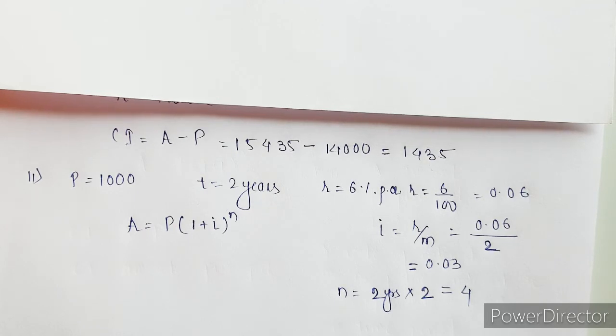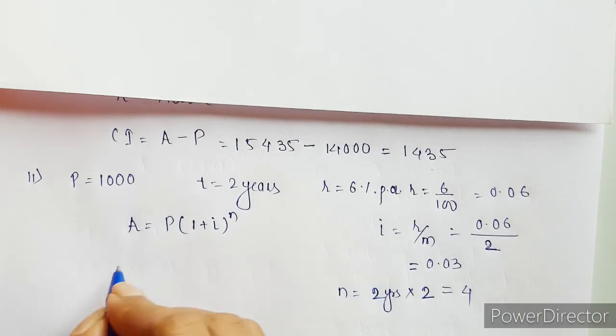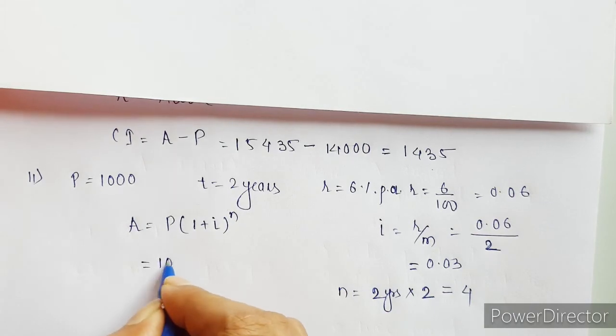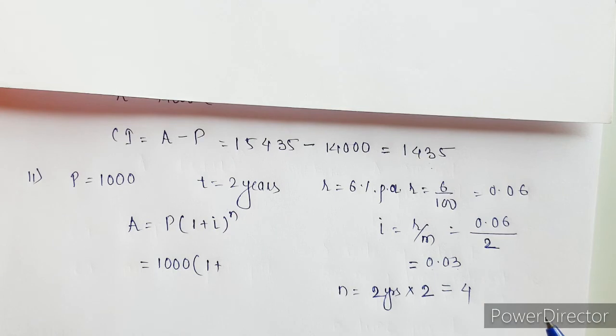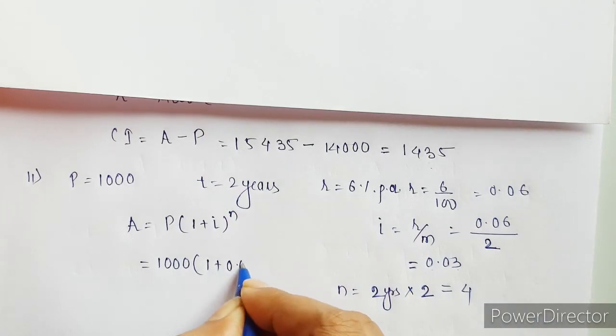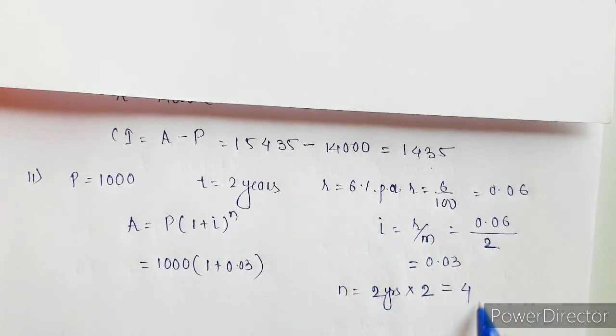Principal here is 1,000, so 1 plus the rate of interest of 0.03 for 6 months, with the number of times compounded being 4.